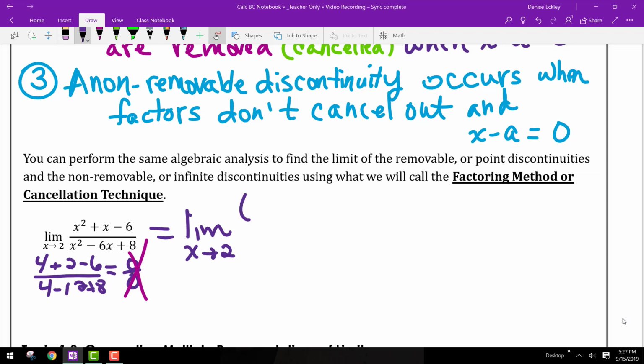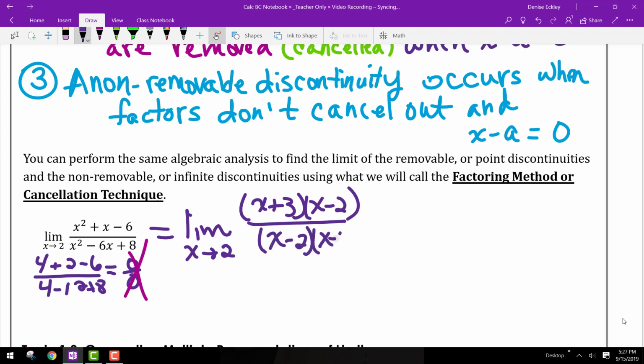The numerator factors into x plus 3 times x minus 2, and the denominator factors into x minus 2 times x minus 4. And we can see that the x minus 2's cancel, so our limit becomes this simplified rational function.